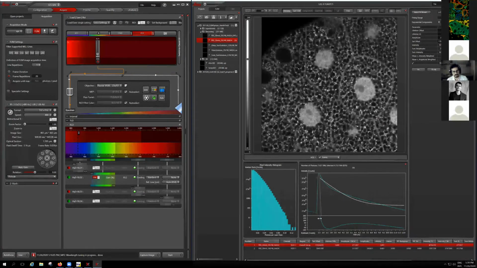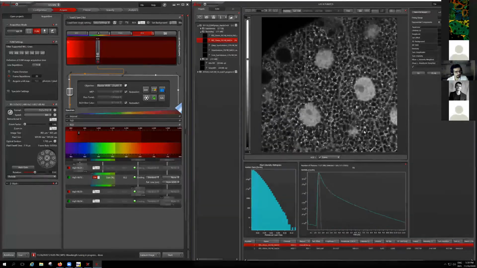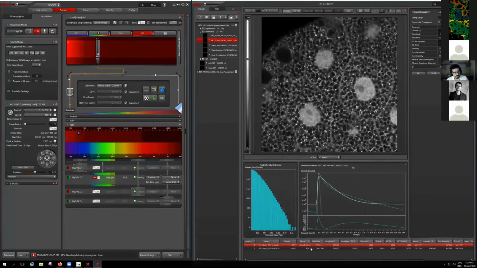You see there is a systematic pattern in the residual from your fit. I go to the reconvolution, and you can see the systematic pattern in your residual, specifically in this part. Moreover, your fitted decay curve is not matching your measured data.